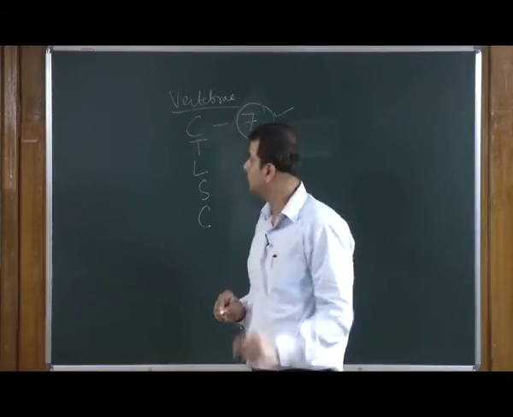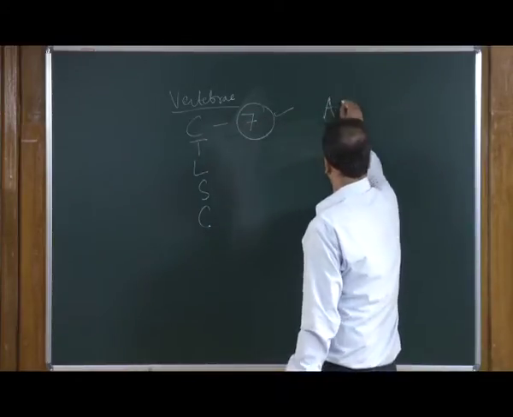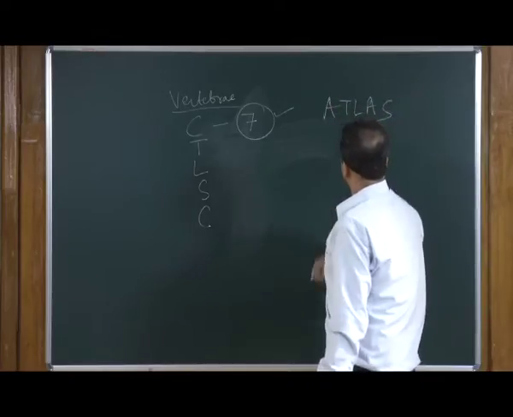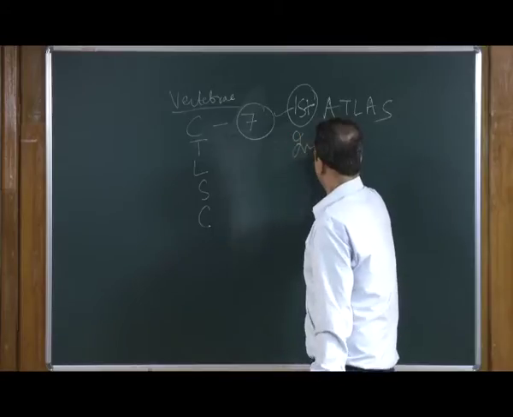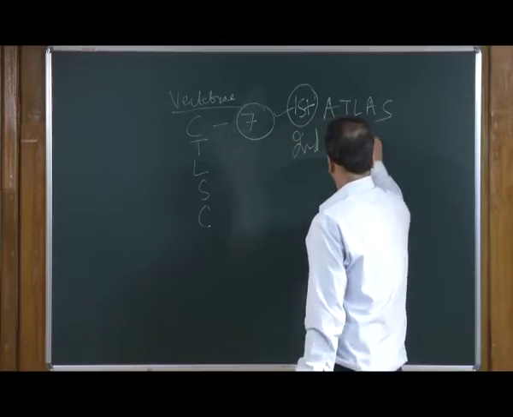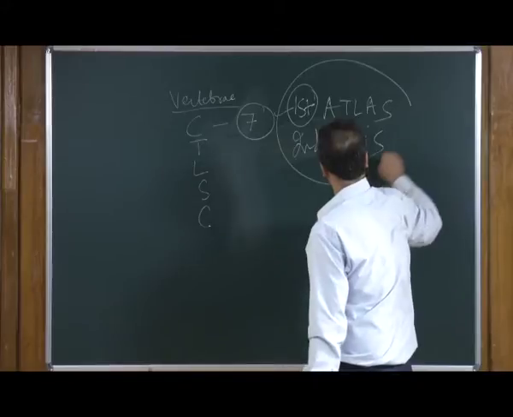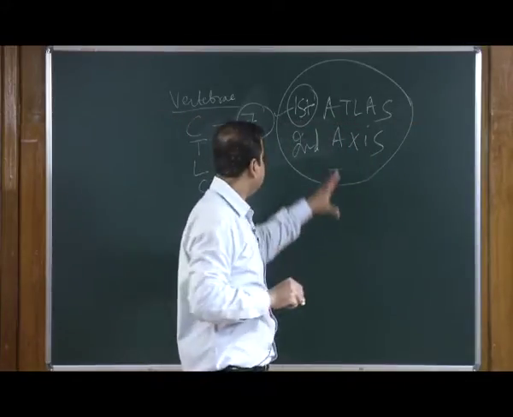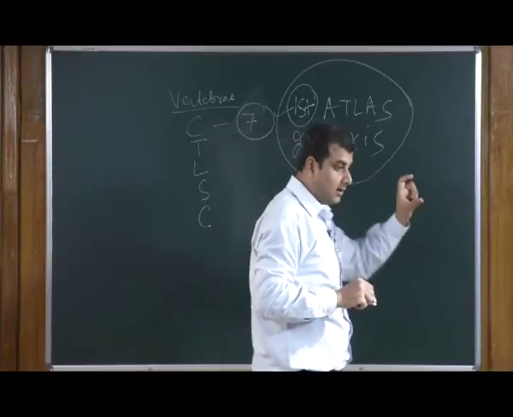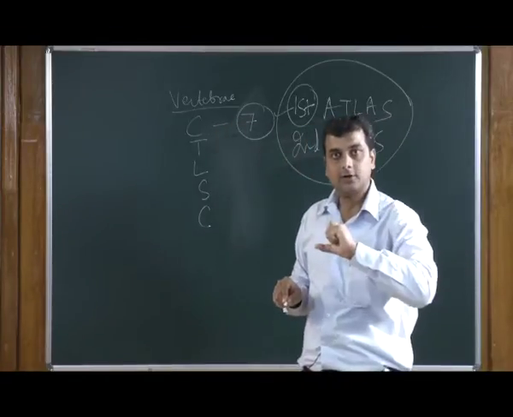The first cervical vertebra is called the atlas, and the second vertebra is called the axis. These 2 vertebrae are at the top of the vertebral column.